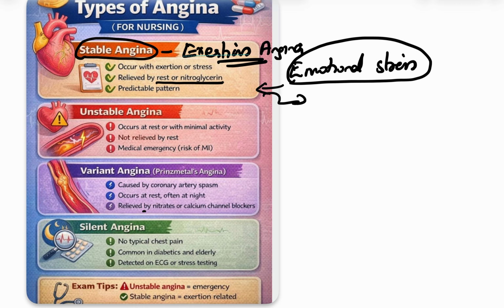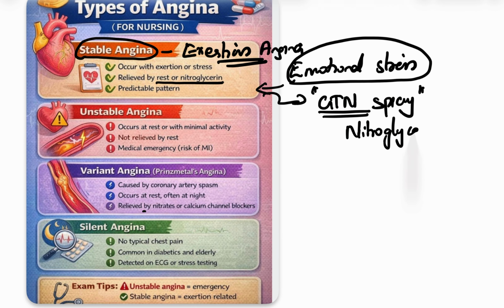Those who have worked in the hospitals or those who have got placements or postings in the hospital, you might have seen the GTN spray, which is used for a patient who is having a chest pain. And this GTN spray is the nitroglycerin. Remember, if a patient has a stable angina, which is occurring due to the physical exertion or emotional stress, this chest pain can be relieved by rest or the nitroglycerin.